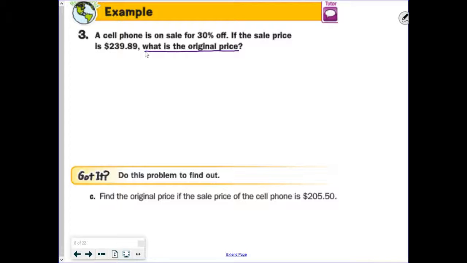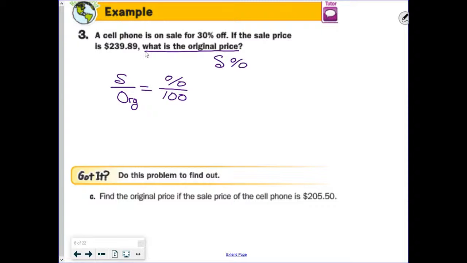Instead of using the percent equation, we're going to use the percent proportion. The percent proportion is going to be sale price over the original price, which is equal to the percent of sale price over 100. So like in the previous problems, we're still going to use the sale price percent.